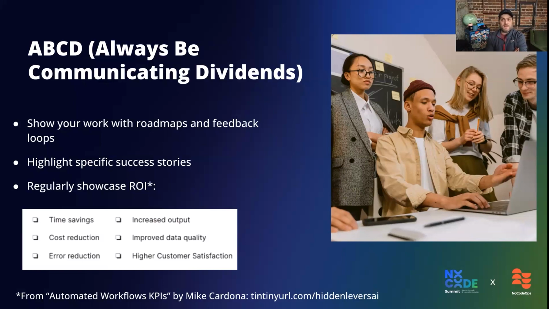Some of the things he talks about when demonstrating ROI: sometimes it's not so directly tied to revenue, which would be nice for everything, but it's not always that cut and dry. So he listed things like time saving, cost reduction, error reduction, increased output, improved data quality, higher customer satisfaction. Those are all really big things that are actually pretty measurable if you try.